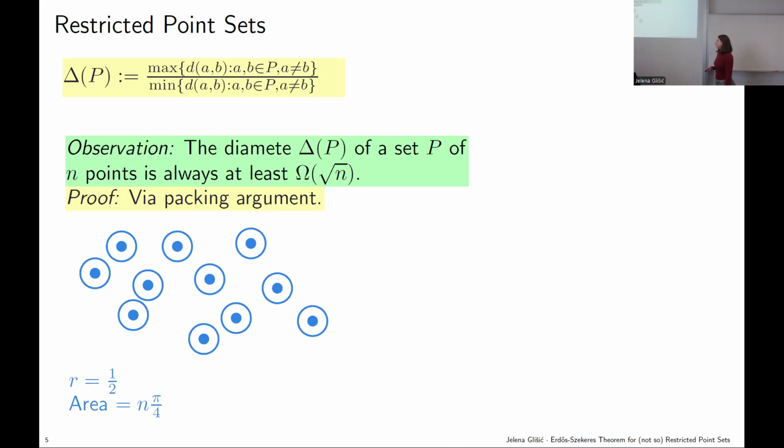And then I know that the diameter must be at least square root of n, because the circle is the object that minimizes the diameter for a given area, right? So this is a fact known from before. And in fact, it is known exactly what the constant is here.